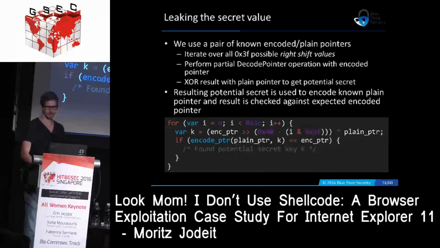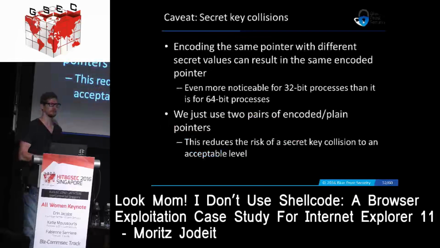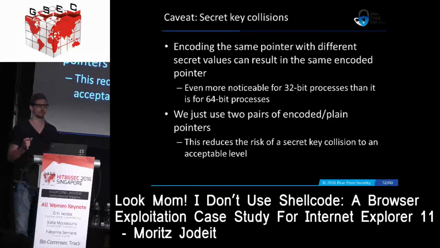However, there's a problem. Due to the way it's implemented, due to the rolling right shift, encoding the same pointer with different secret values could in theory result in the same encoded pointer, which isn't a problem in the normal implementation.